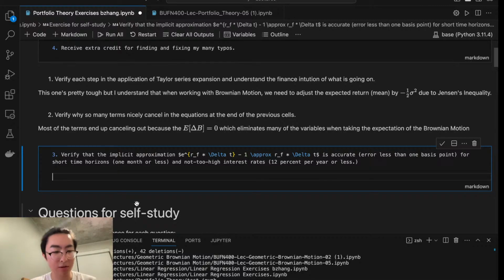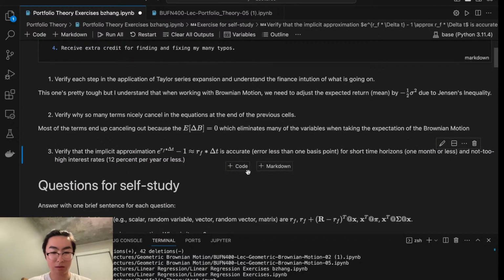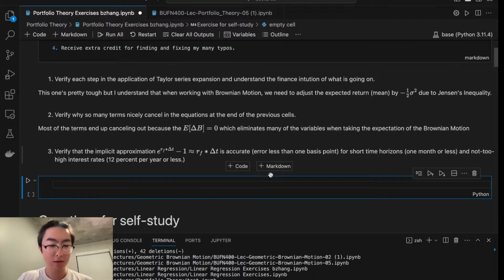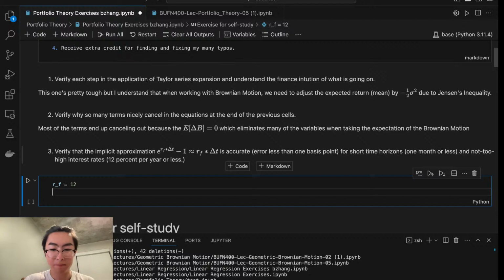Okay, maybe I can just code this up. So RF is equal to 12. Delta T is equal to, let's see, 1 divided by 12.